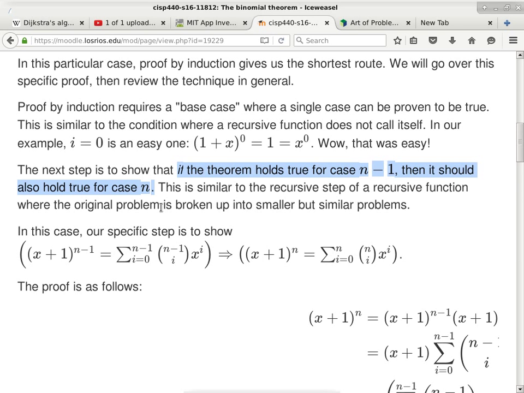How would you do this? Multiply it out? Yes, multiplying out would be helpful. Let's multiply out this side first. We have k squared plus 3k plus 2, and the whole thing divided by 2.